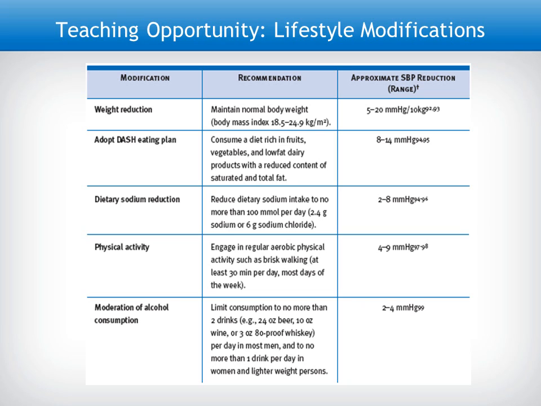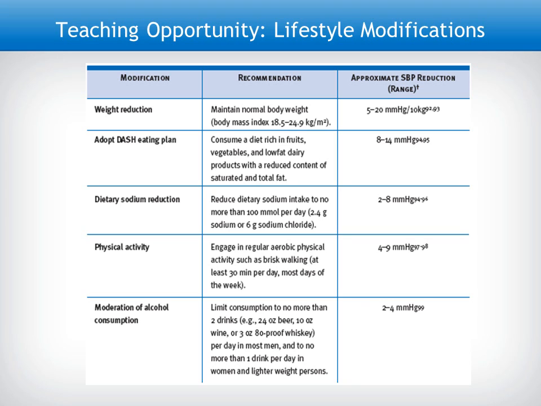If they are able to maintain a normal body weight, that can decrease their systolic blood pressure anywhere from 5 to 20 millimeters of mercury, which is pretty significant, per 10 kilograms. So that's the biggest thing, treating obesity.